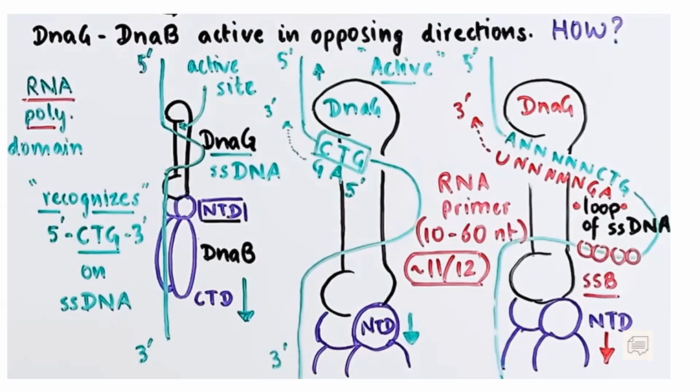This also means that the RNA primers are relatively short, and they range from 10 to 60 nucleotides, but 90% of the time they are only about 11 to 12 nucleotides in length. If you have a long primer, the size of the single-stranded DNA loop between primase and helicase will get too big and that will destabilize the structure. And this is a good transition to the next topic.